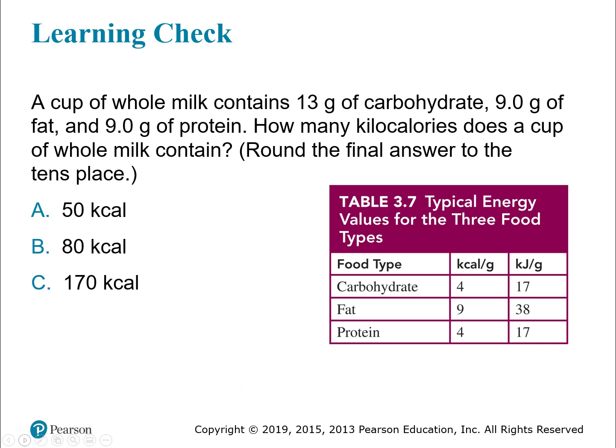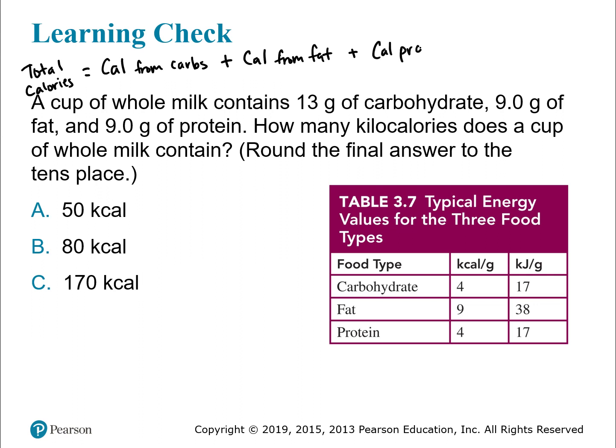So if we want to know the total number of calories, then that's going to be equal to the calories from your carbs plus the calories from fat plus the calories from your protein.